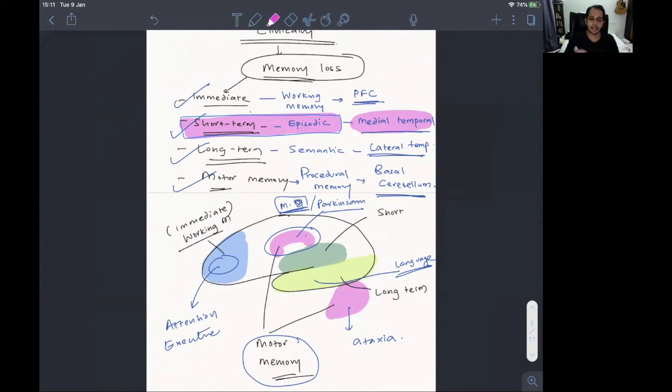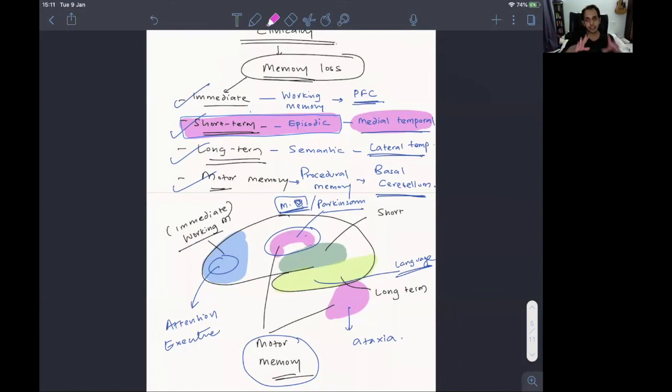So that means that in Alzheimer's, the first thing that goes is your short-term or episodic memory. The classical presentation is that I keep forgetting what has happened recently, but I remember everything from my past. Even the relatives are surprised that how can you remember things that happened in your school, but you can't remember what happened yesterday?